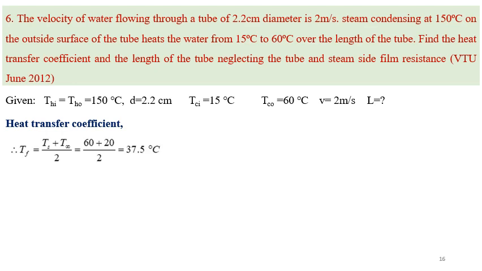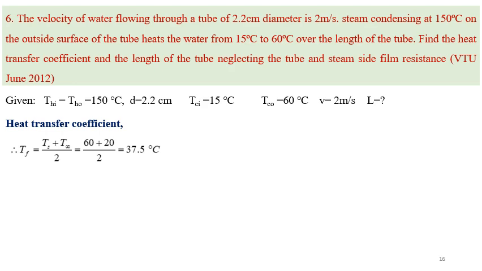So try to find out the film temperature, Ts plus T infinity by 2. This is not Tci plus Tc naught, so 60 plus 15 by 2, inlet to outlet temperature.